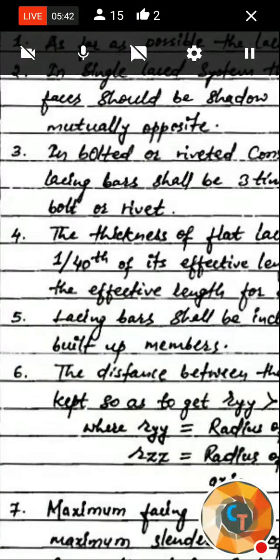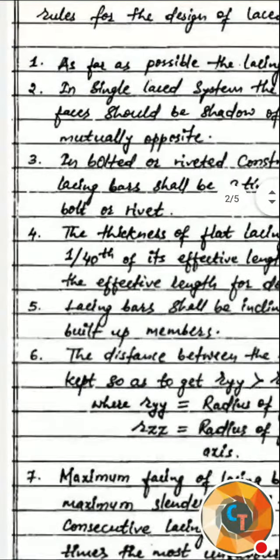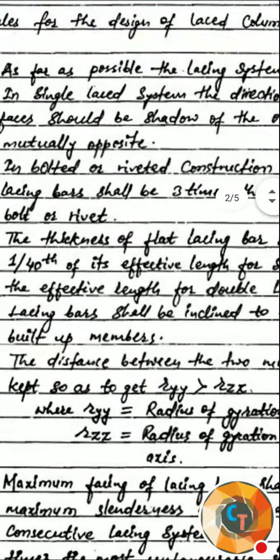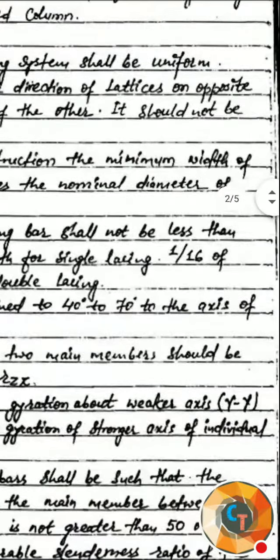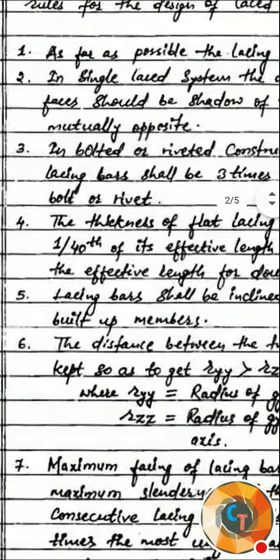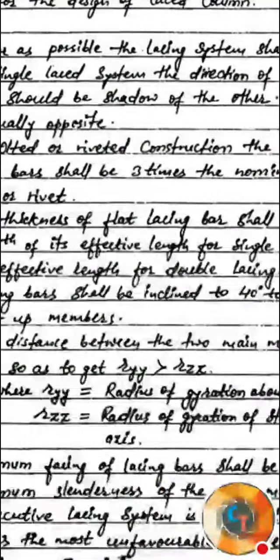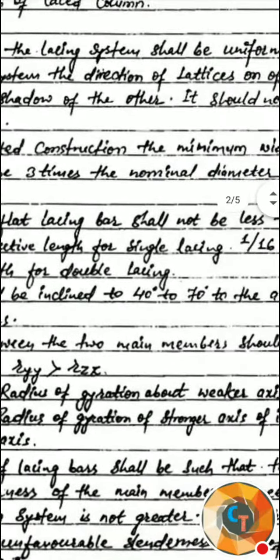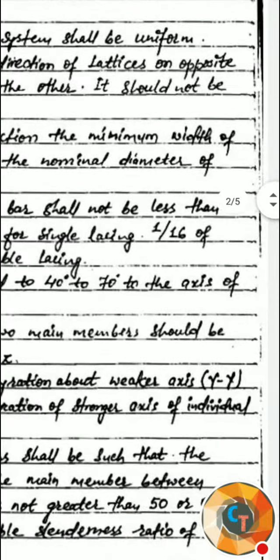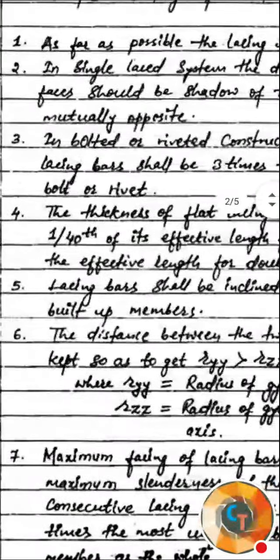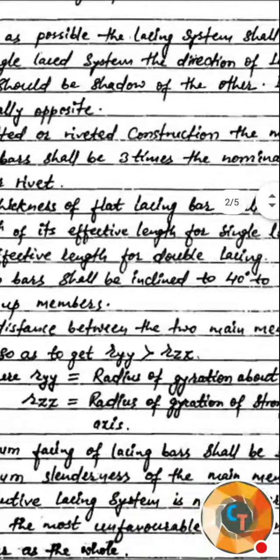So next, what happens in the fourth point? The thickness of a flat lacing bar shall not be less than 1/40th of its effective length for single lacing, and 1/60th of effective length for double lacing system.